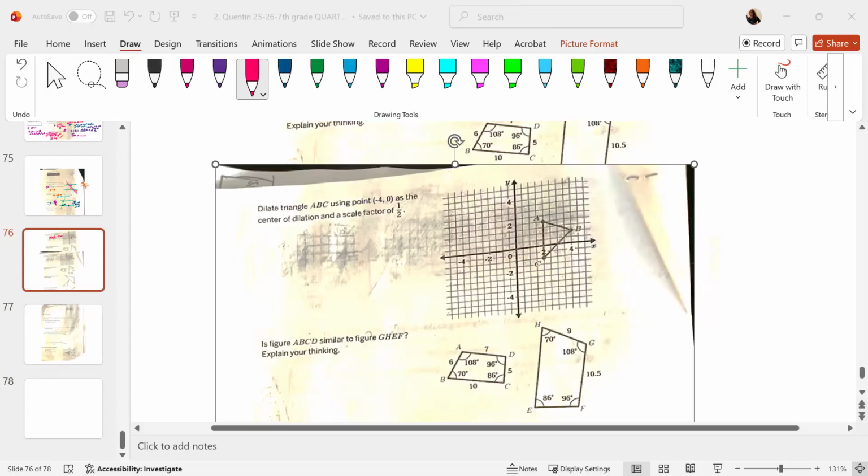And then I lined up A, B, and C, and I reduced the size by 2, and then I plotted where my points should go. My screen just froze, so we're just going to wait. I actually don't think she did teach us this.